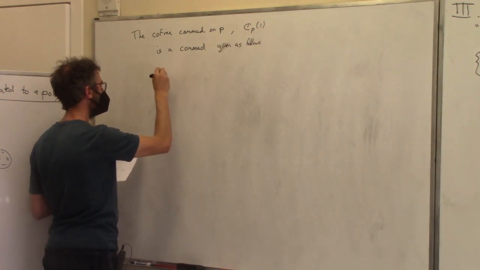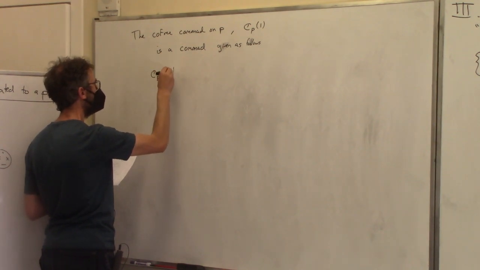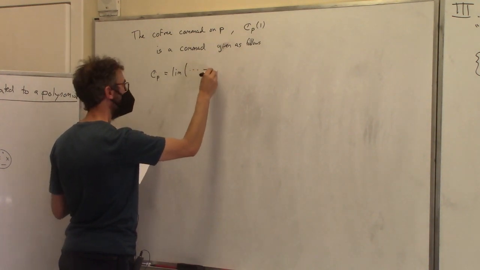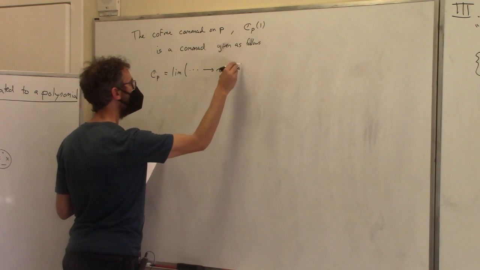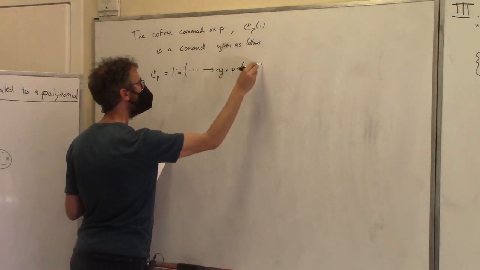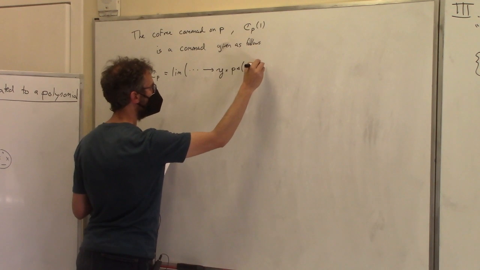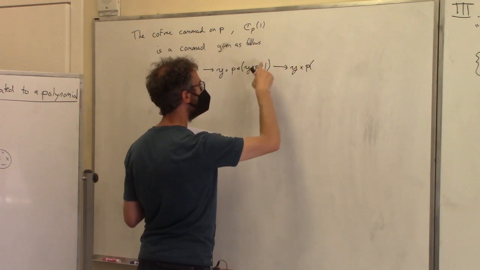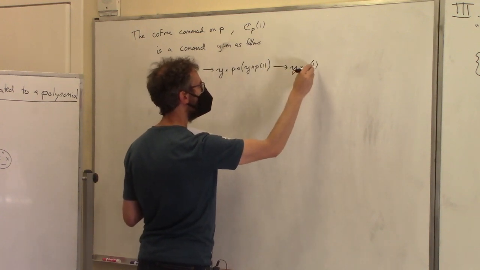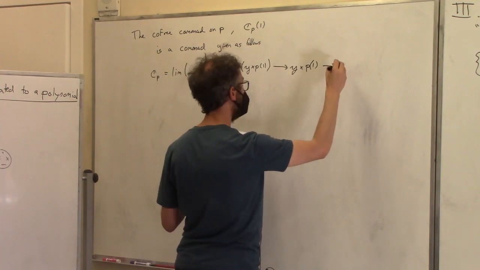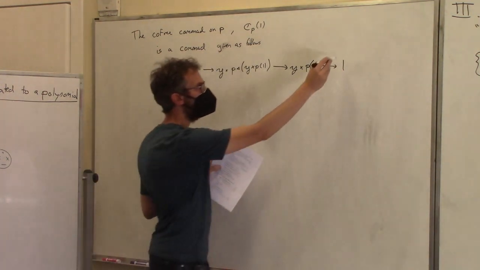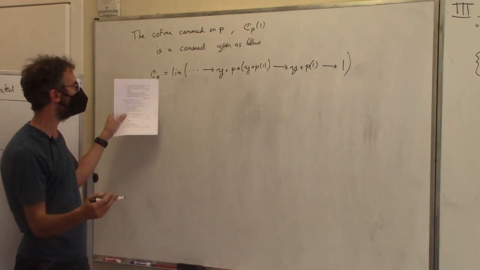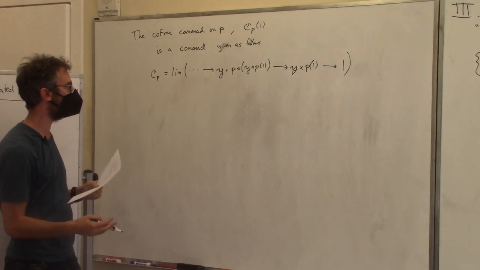C_P is the limit of y times p of y times p of y times p of y times p of, and you do that forever. That limit is the cofree comonad on P.